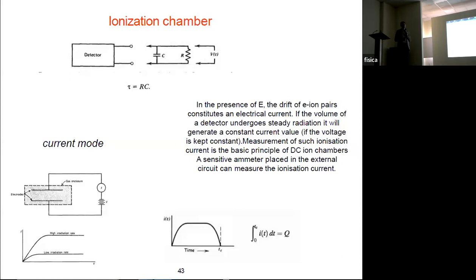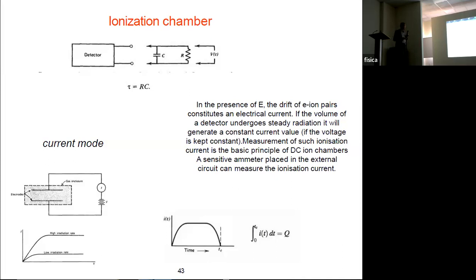We usually use noble gases such as argon, xenon, helium. Helium is rare, but sometimes it's used. So you have two electrodes and some material between them. You have a capacitor.